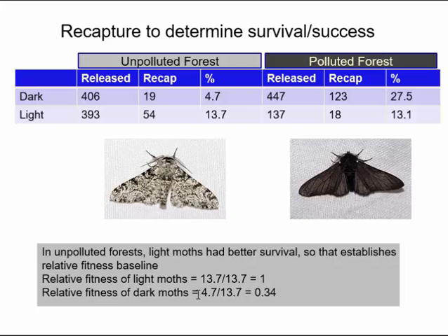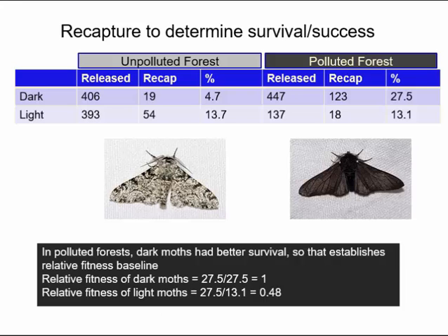And then for any other group, here it's just one group with the lower percent survival, we would calculate that number, 4.7 divided by 13.7, our baseline. So lower relative fitness. We can run through the same thing in our polluted forests, the survival of dark moths versus light moths. And again, the scenario is flipped here. The relative fitness of the dark moths is higher, so that sets our baseline, 27.5.